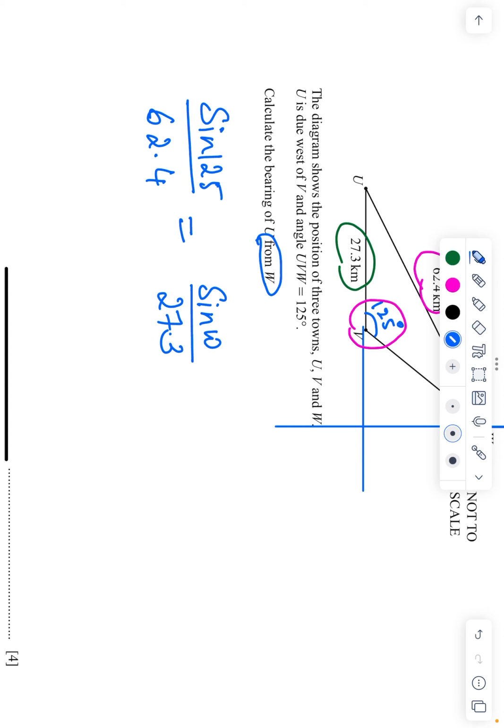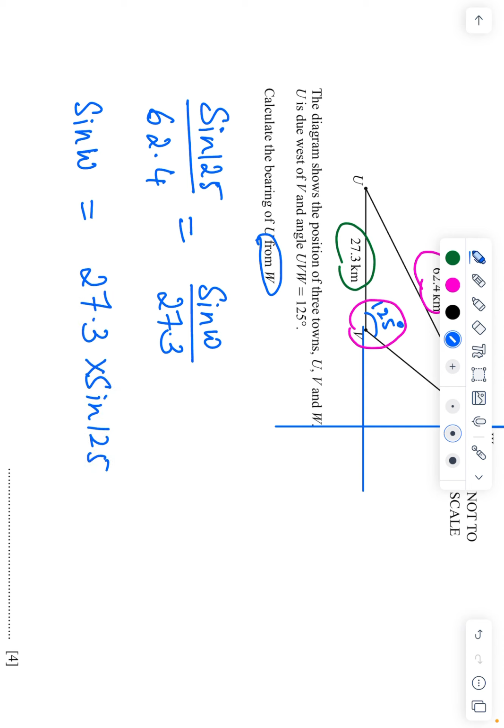Once you cross multiply, sine W is going to be 27.3 times sine 125 over 62.4.